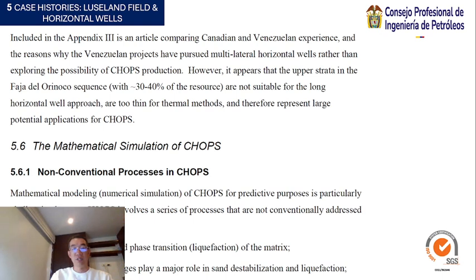There is a solid to liquid phase transition of the matrix. Stresses and stress changes play a major role in sand destabilization and liquefaction.